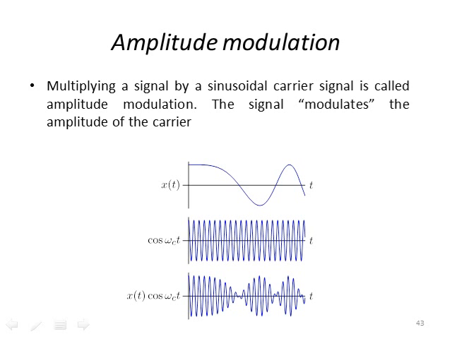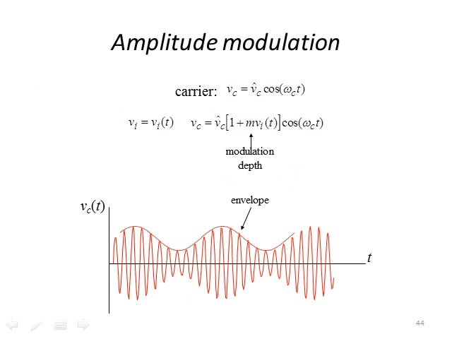Multiplying a signal by a sinusoidal carrier signal is called amplitude modulation, and this signal modulates the amplitude of the carrier, as I said. And this is another representation of that. So the carrier now, VC, is going to have this envelope that represents our input signal.